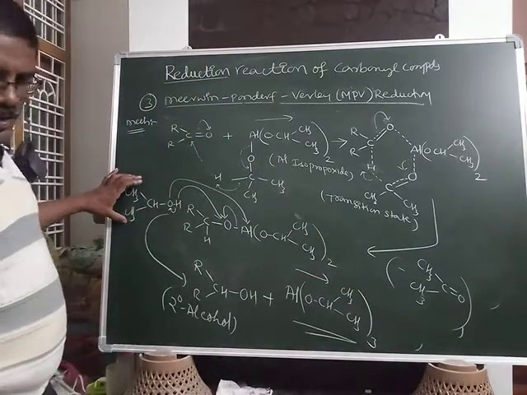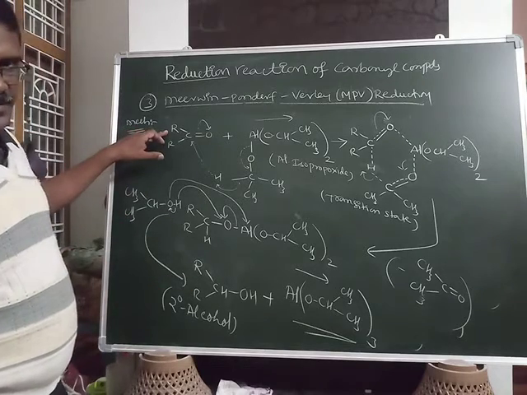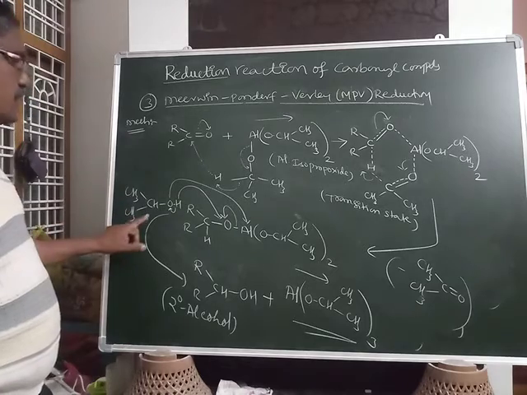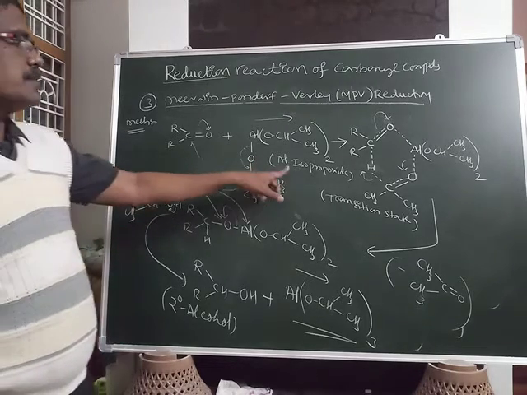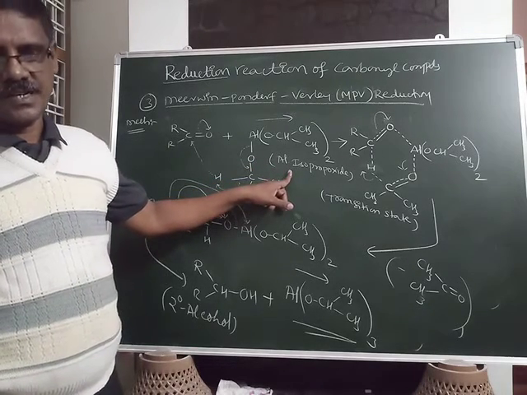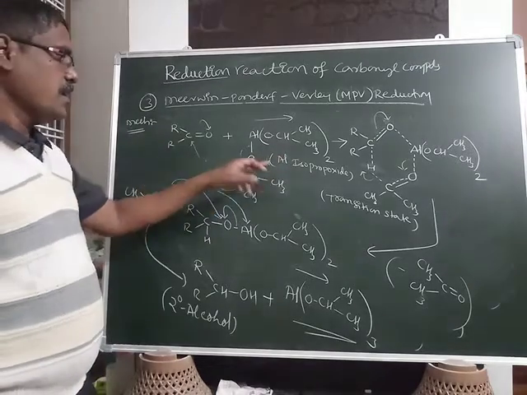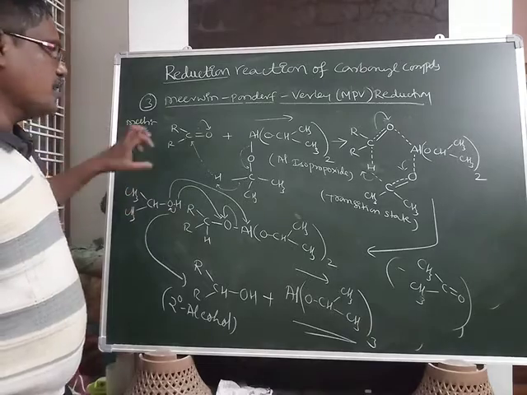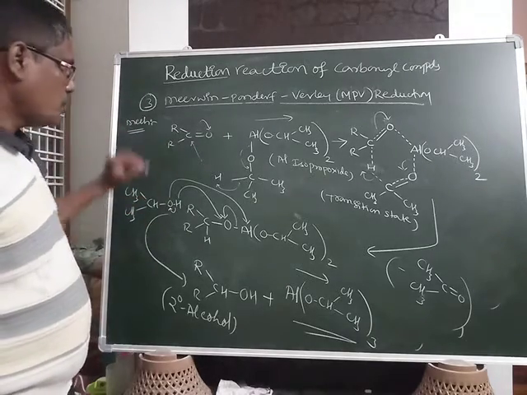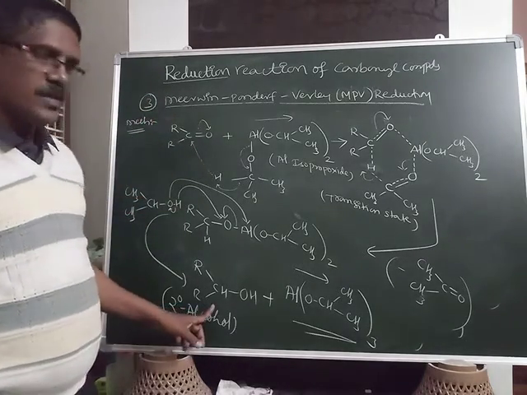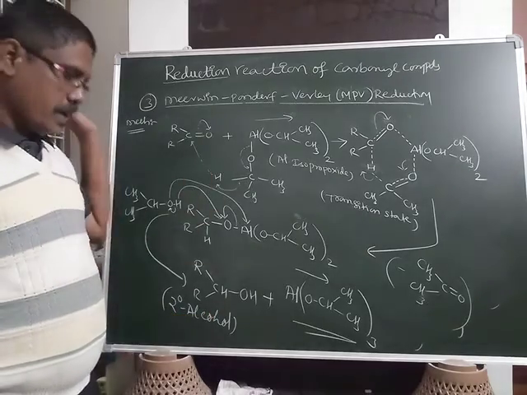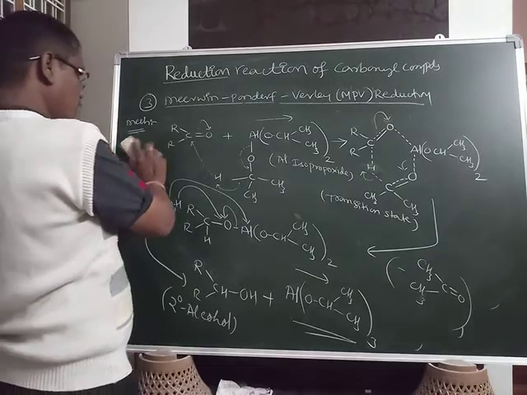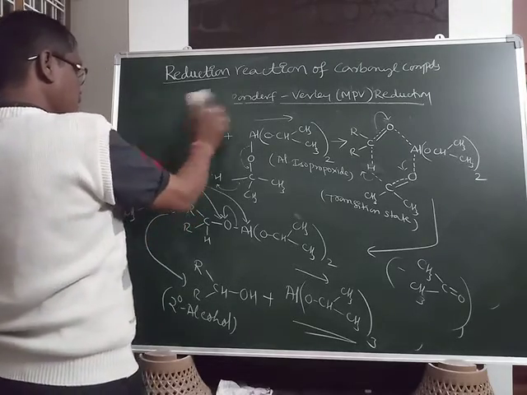To obtain a secondary alcohol from the ketone, we take the reducing agent isopropyl alcohol in the presence of aluminium isopropoxide. In the presence of these two, the ketone reduces into the secondary alcohol. Okay, so this is about the Meerwein-Ponndorf-Verley reduction. It is very important.